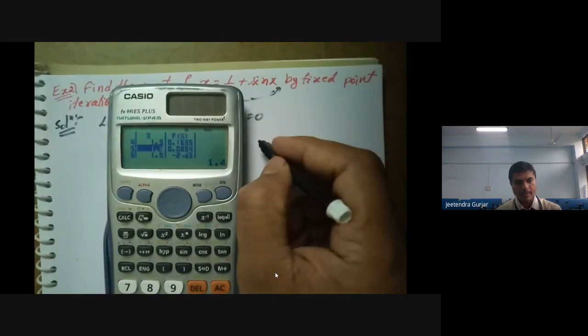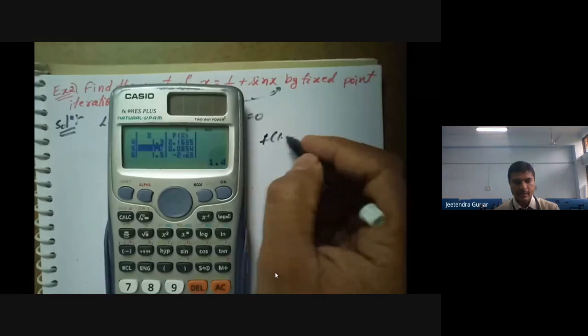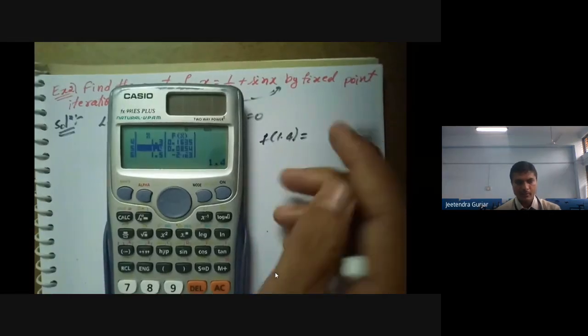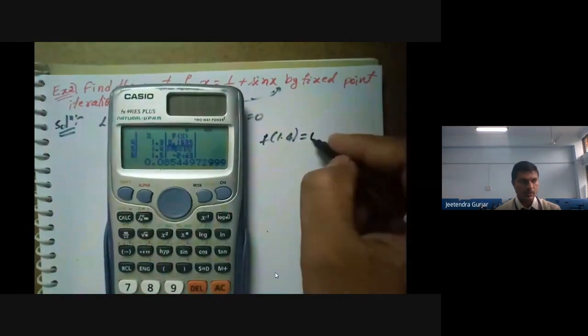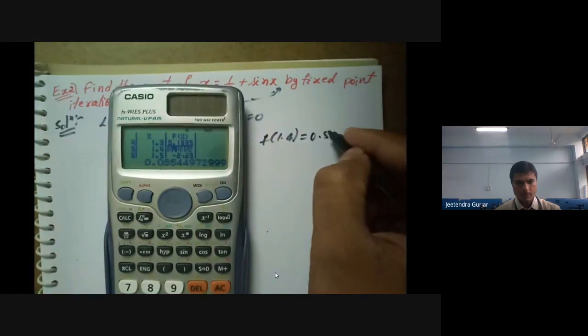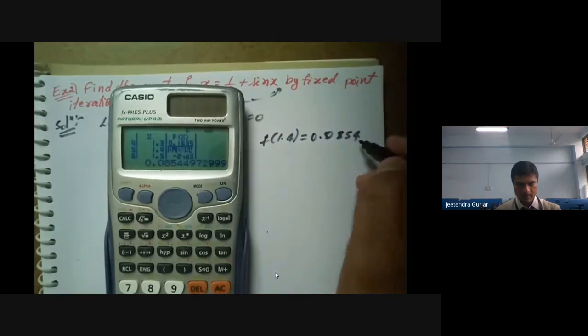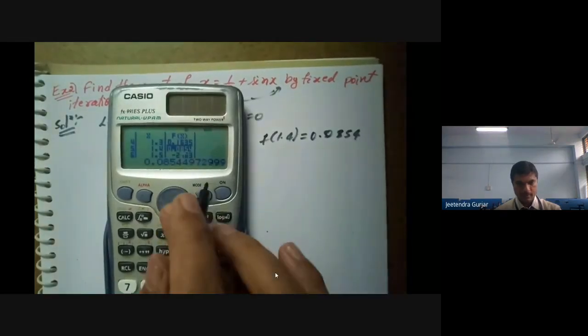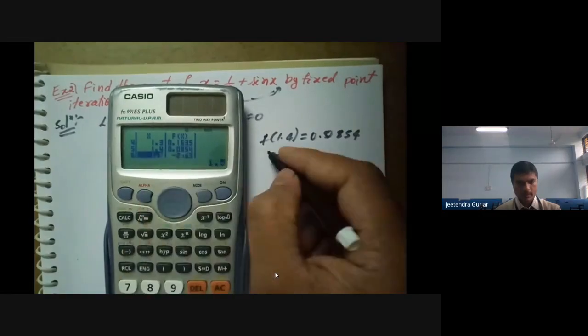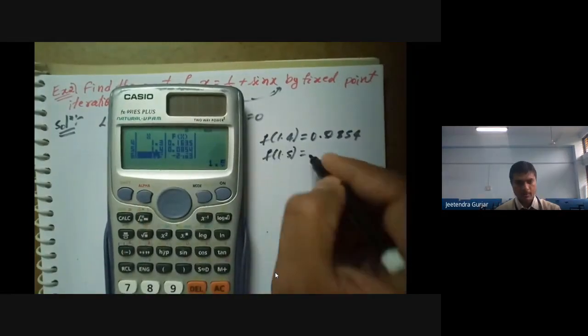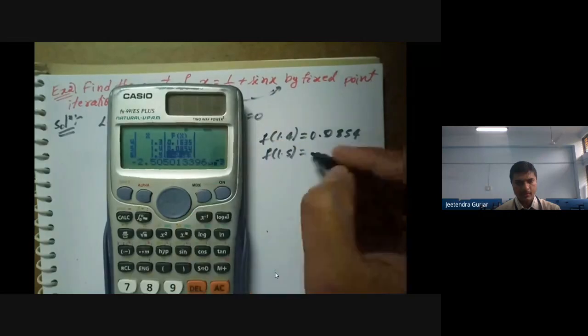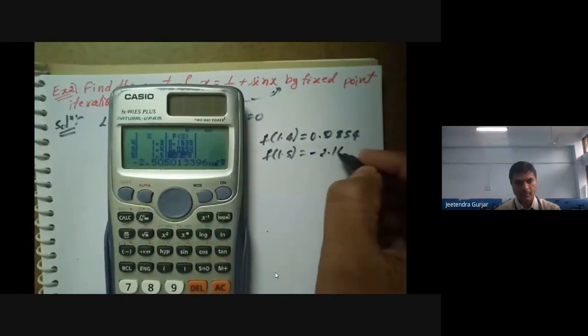Looking at the calculator, f of 1.4 is equal to 0.08544. Next, x is equal to 1.5. F of 1.5 is minus 2.505.